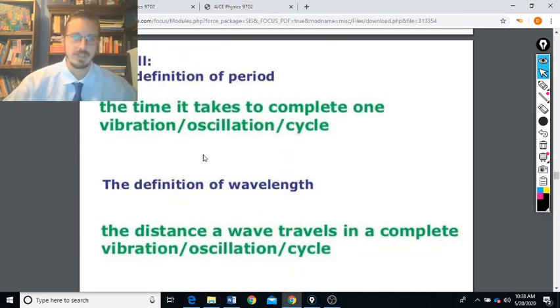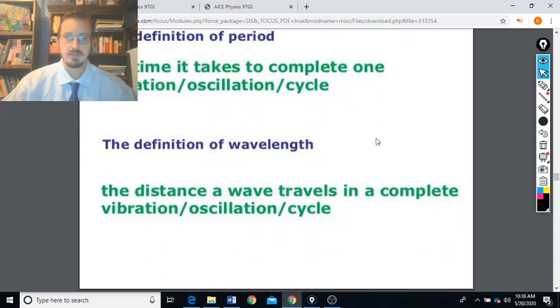So let's recall the definition of period. It's the time it takes to complete one vibration or oscillation or cycle. And the definition of wavelength is the distance that a wave travels in one complete vibration or oscillation or cycle. The wave is the energy that's being transferred through the medium, right? So the wave is the distance that wave travels. The particles remain in place.